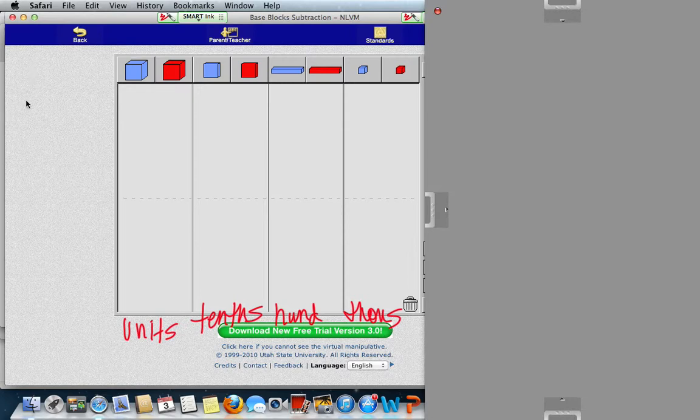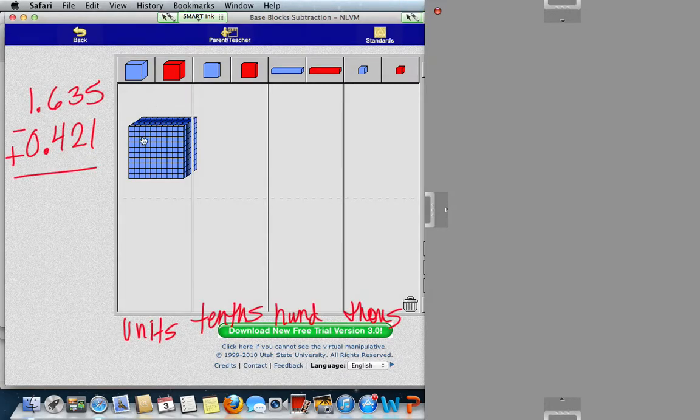So the first one we're going to work is a positive 1.635, and I'm going to add that to a negative 0.421. So I'm going to make a model of the positive part first. So this is a +1. I'm not going to spend too much time on the place value.